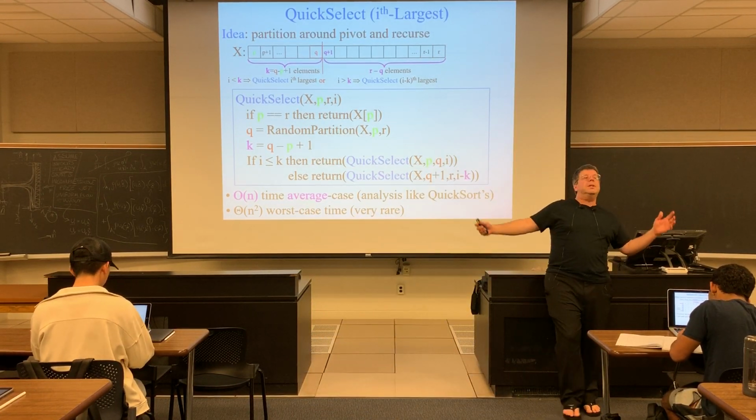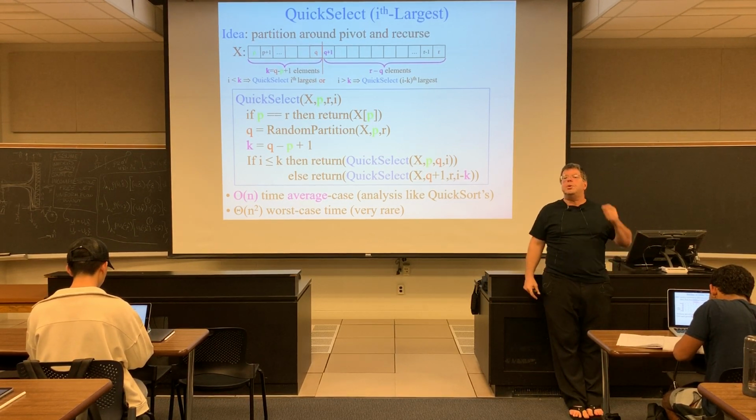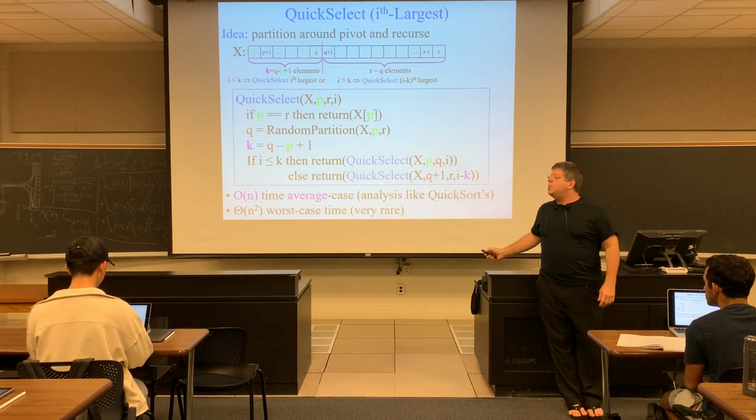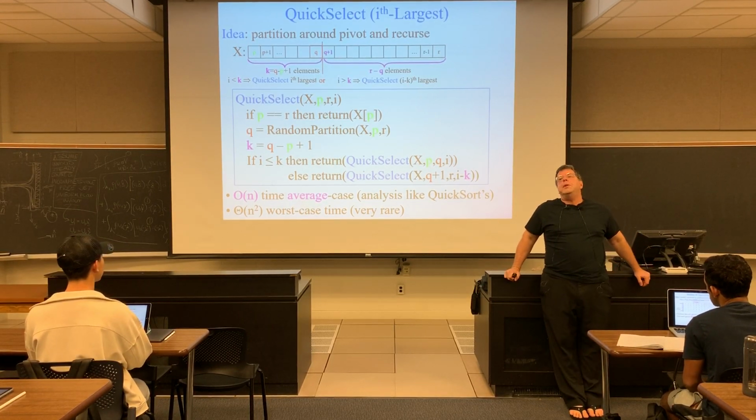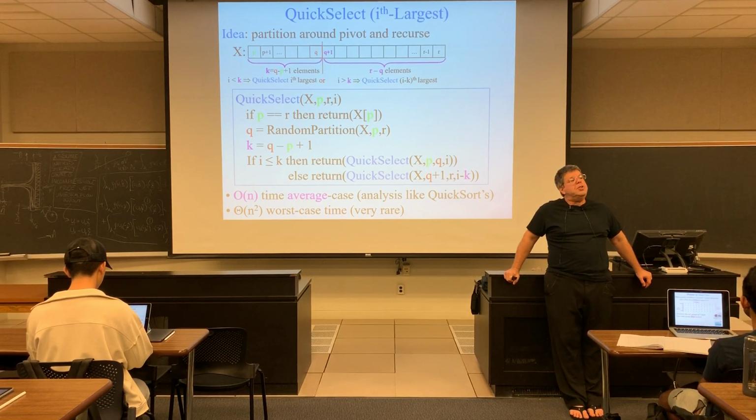Is it uniform? Is it Poisson? Is it normal distribution? Is it some weird distribution that's skewed? And so in all these analyses, we typically assume that all permutations are equally probable. It's kind of a uniform distribution across all the permutations. No permutation is more likely than any other permutation, and there are n factorial of them. But any kind of probabilistic analysis needs to consider which distribution we're drawing things from.